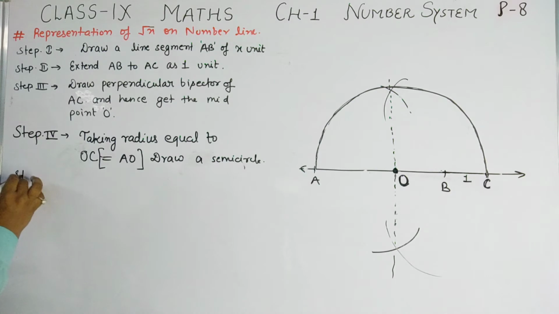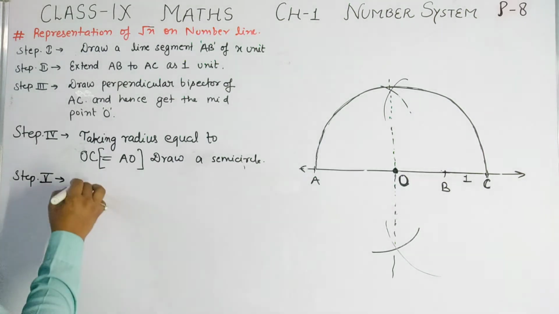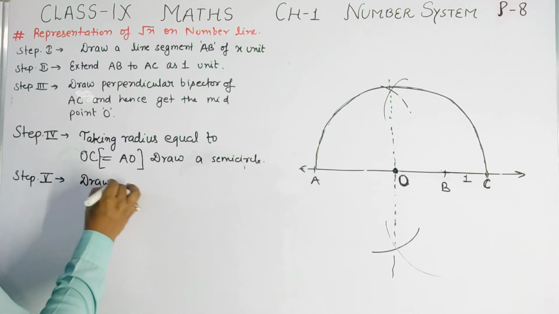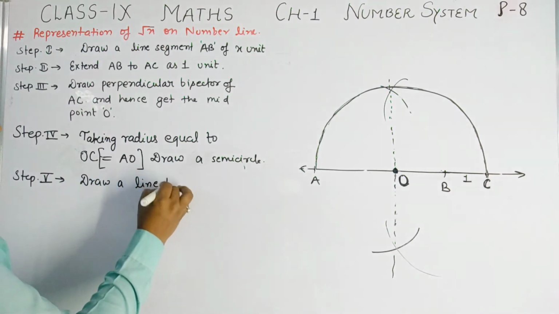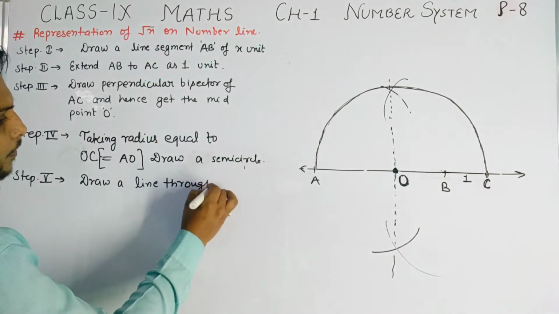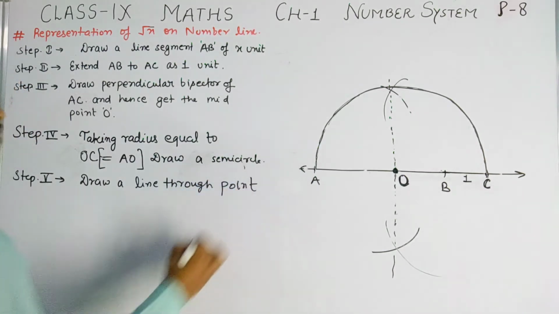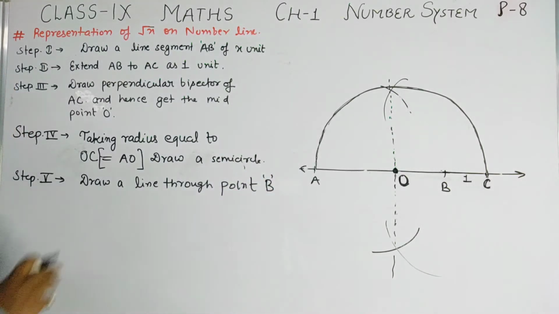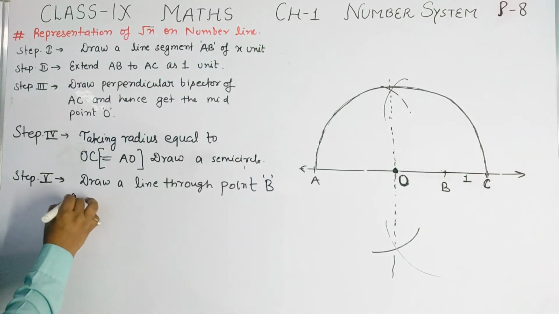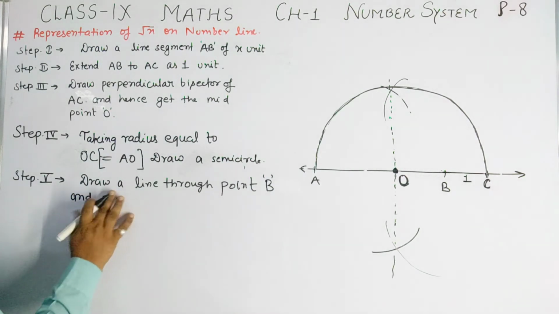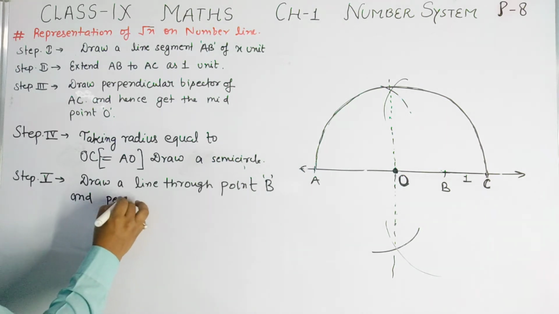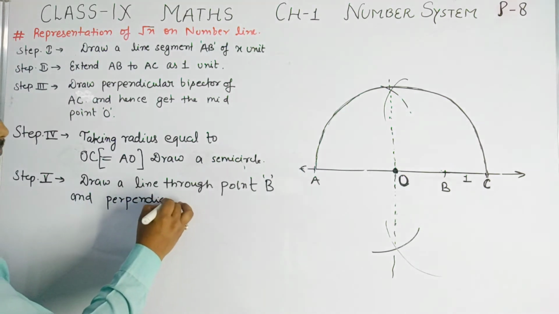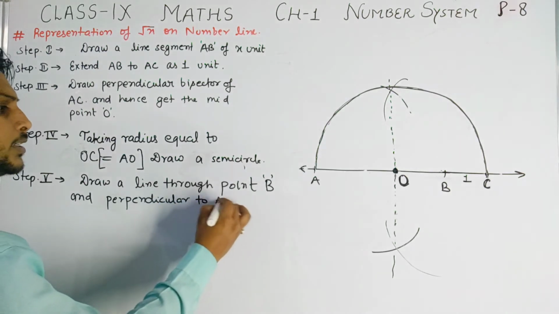Now in step 5, we will draw a line through point B. Remember this, that you have to draw a line through point B and perpendicular to AC.